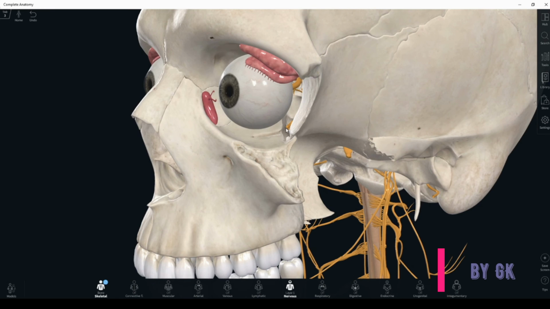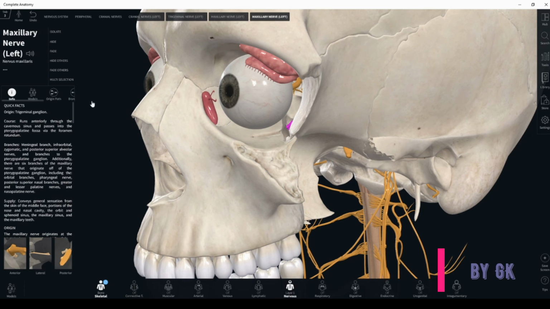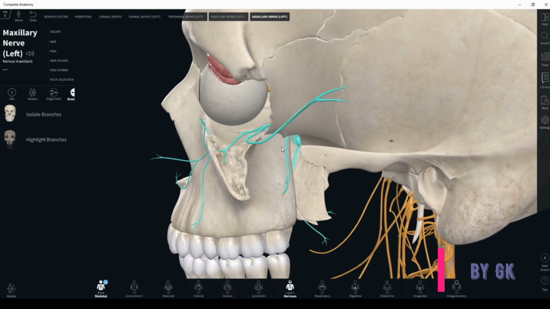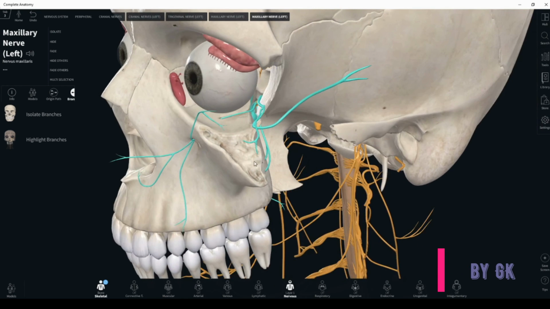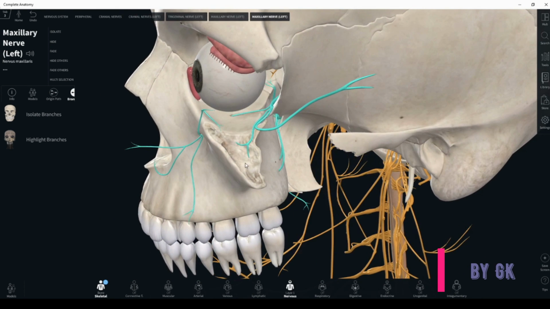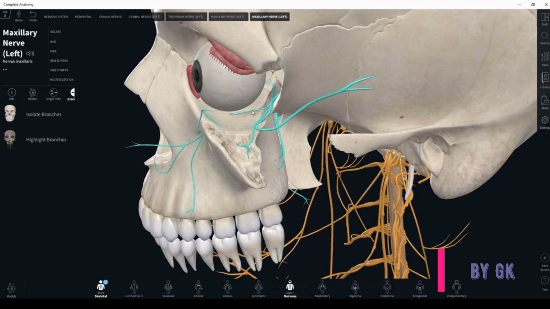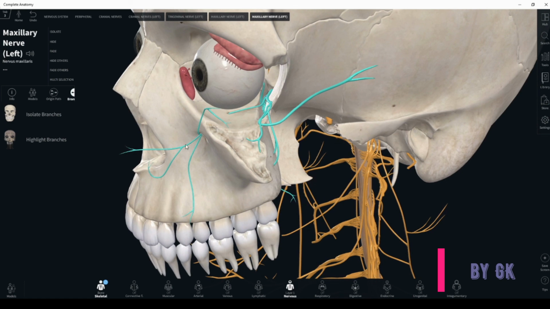There is also a branch of the trigeminal nerve, which distributes from its ganglion in the pterygopalatine fossa through all of the communications. Also, I forgot to mention that the pterygopalatine fossa communicates through the inferior orbital fissure to the orbit, and through the infraorbital foramen to the canine fossa.